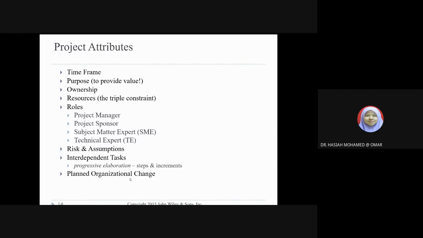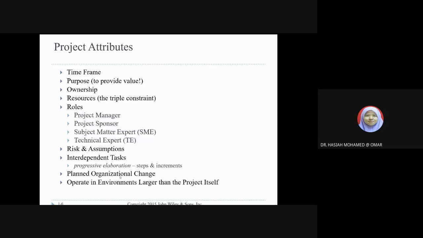Then we plan organizational change. We learned this in chapter 9, 10 or 11, if I'm not mistaken. Because we have a new product, a new system, we need to make sure that all of the people, the employees involved in the organization, are able to accept and use the new product.